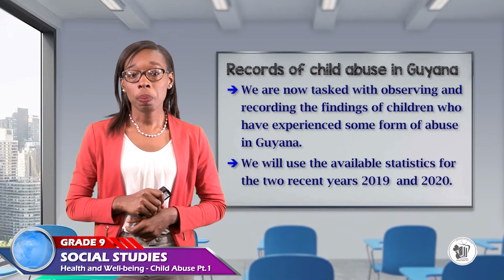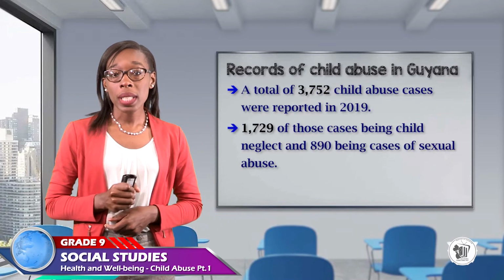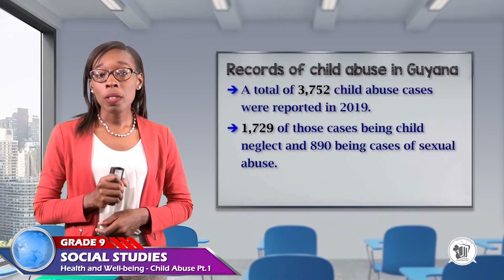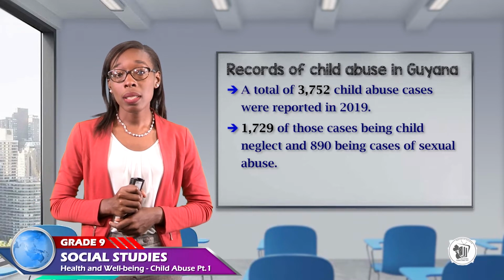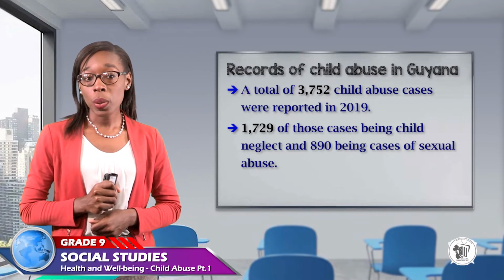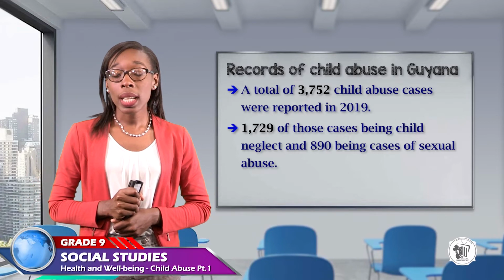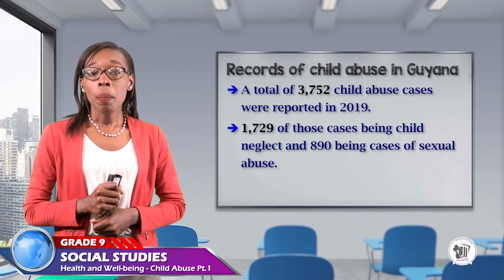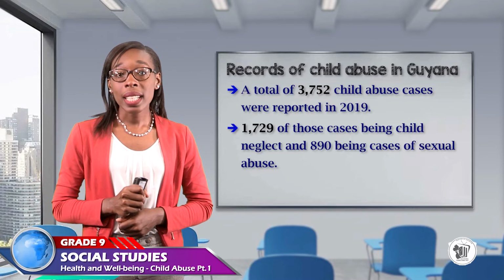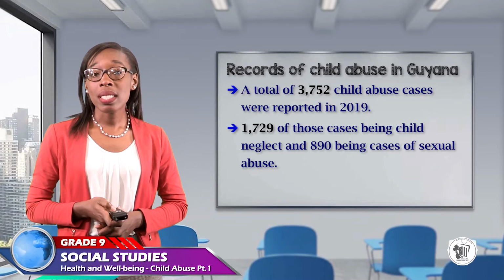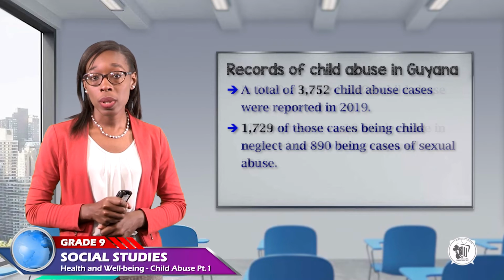So let's start. A total of 3,752 child abuse cases were reported in the year 2019, 1,729 of those cases being child neglect and 890 being cases of sexual abuse.